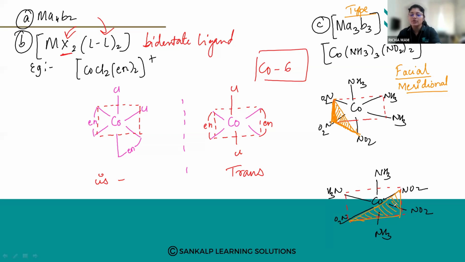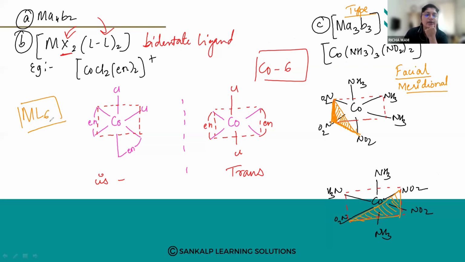Okay, so now how will you explain this? Another type of geometrical isomers. Whenever you have MX6, what type of geometry will it show, students?